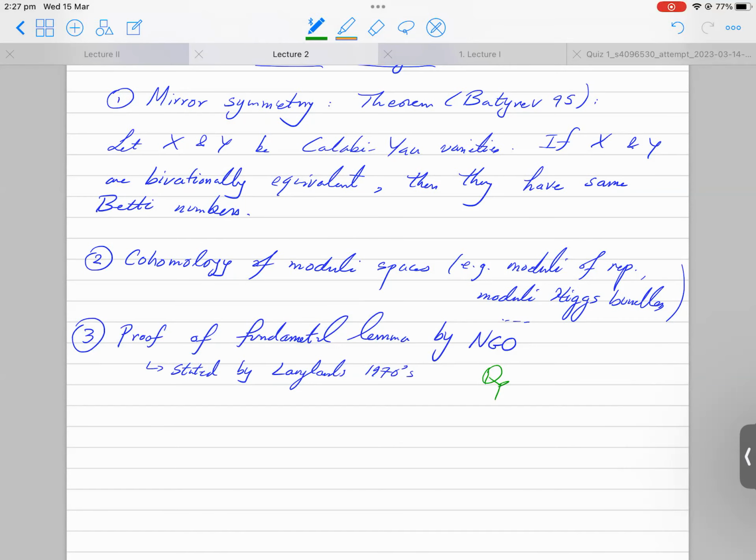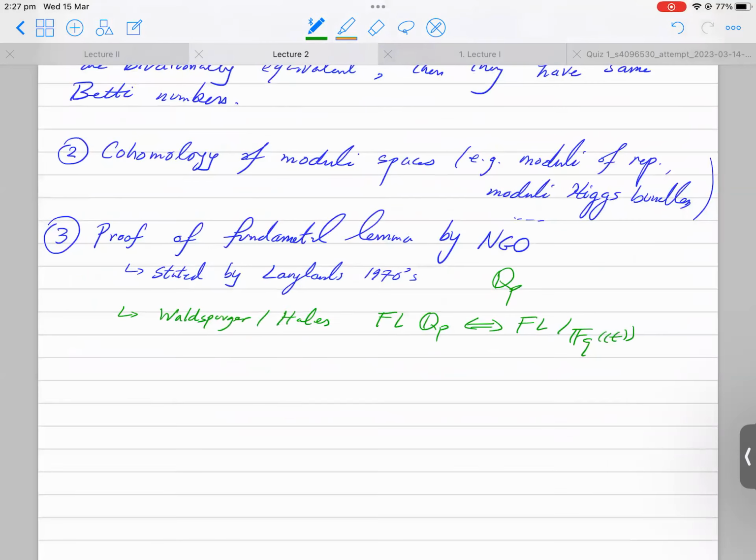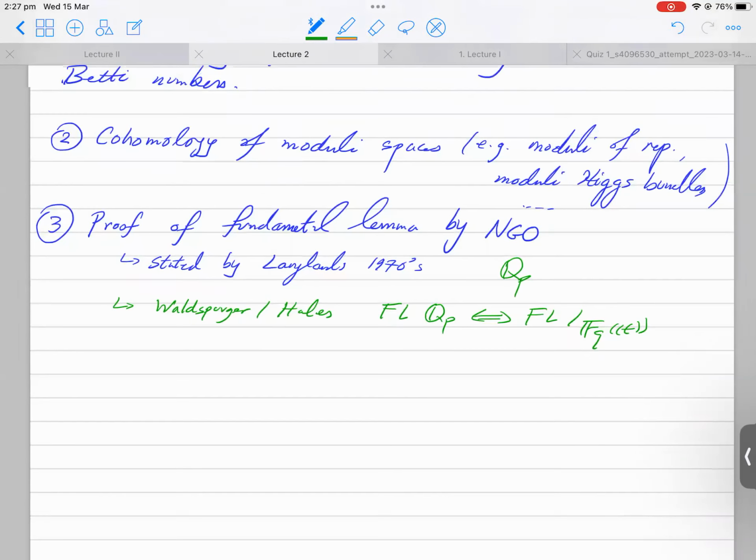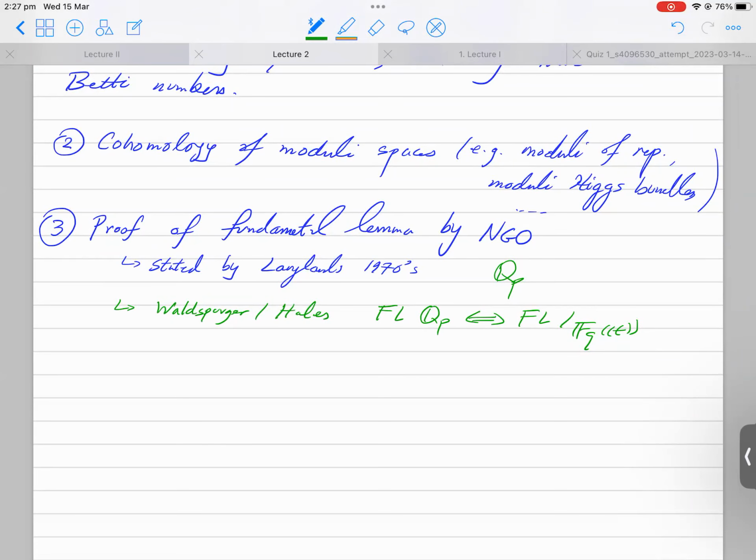Then what happened was that Waldspurger and independently Thomas Hales proved that the fundamental lemma over Q_p is equivalent to the fundamental lemma on the other column of the Rosetta Stone. Thomas Hales used motivic integration for this, okay? So he proved that if you can prove it over function fields, then you have done it over Q_p.